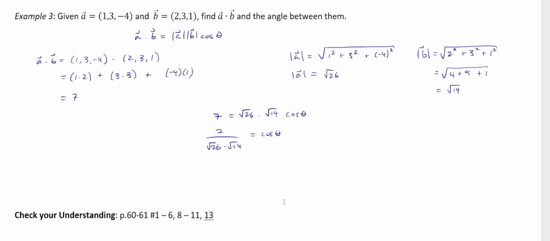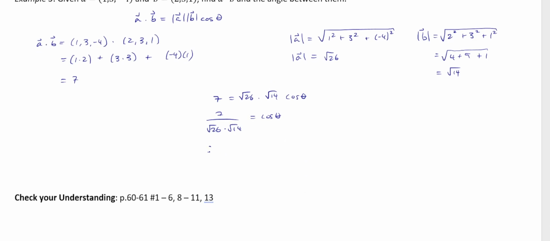To get theta by itself, theta is equal to the inverse cosine of 7 over root 26 root 14, and theta is equal to 68.5 degrees.